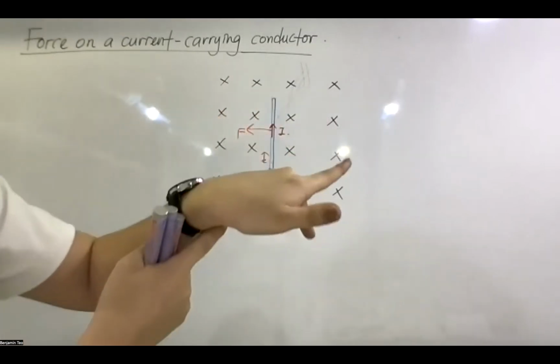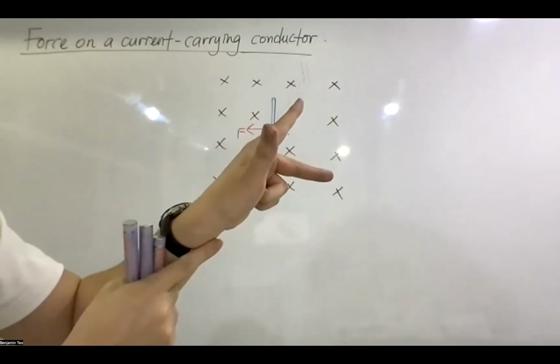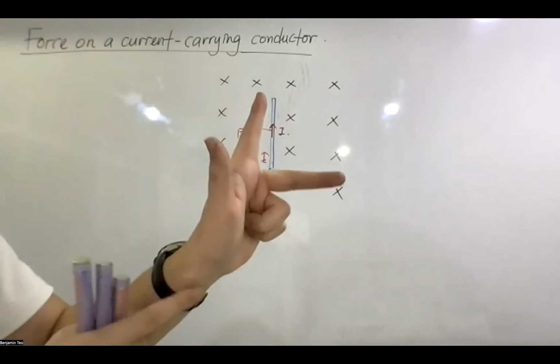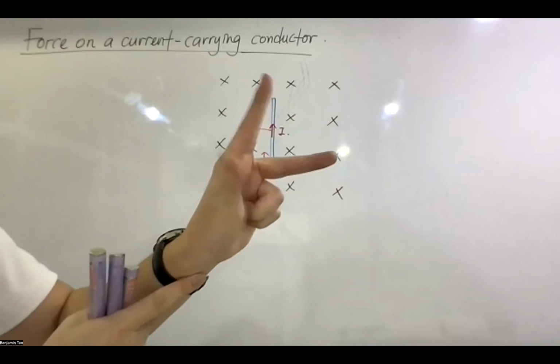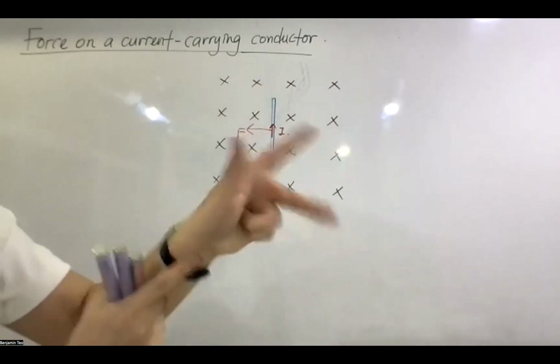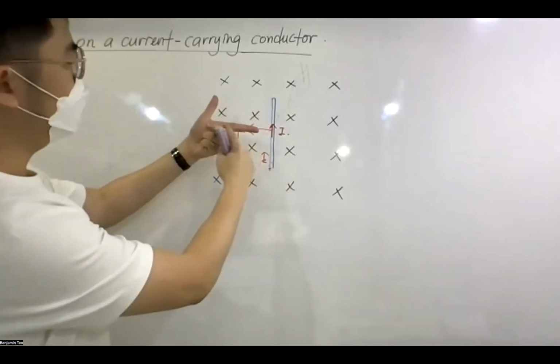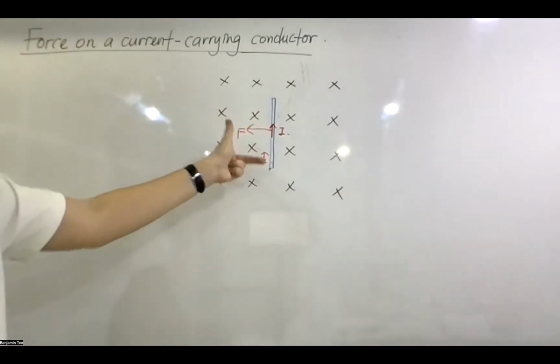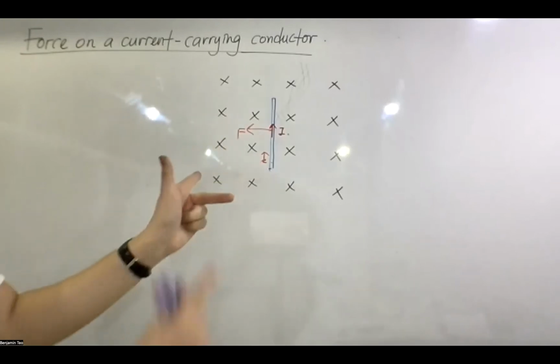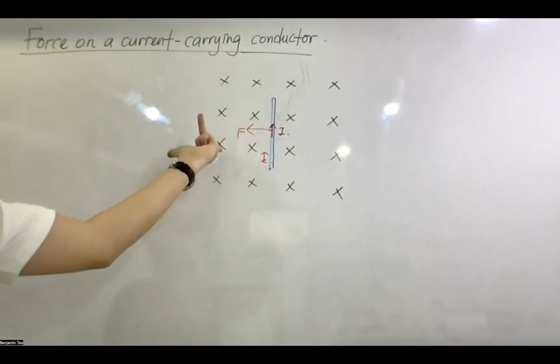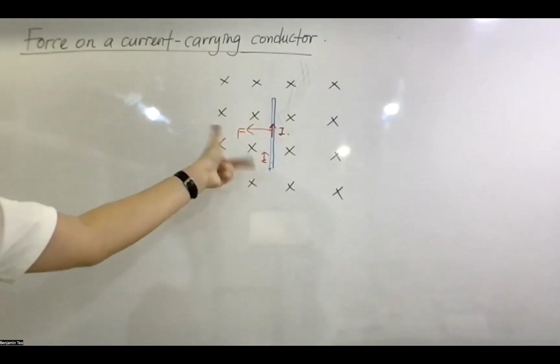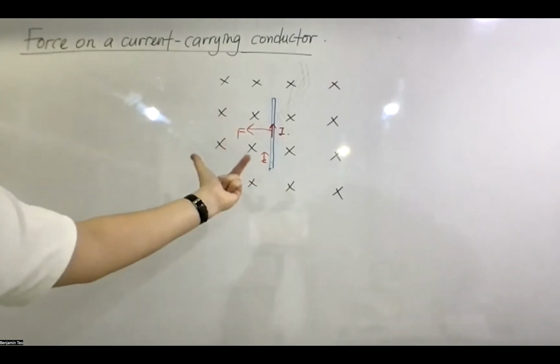Okay, when you align the magnetic field and current, don't move your fingers, move your wrist. Now, here the magnetic field is inside, so I'm going to point like this, inside, and the current up. So I'm going to move again. I twist my wrist.